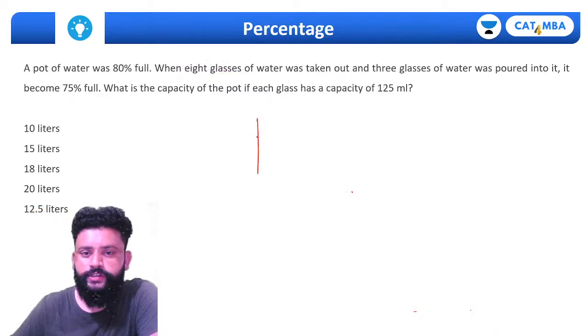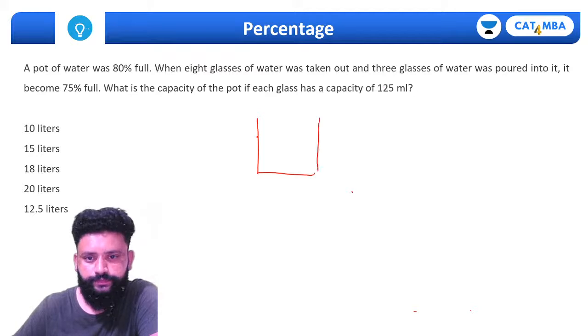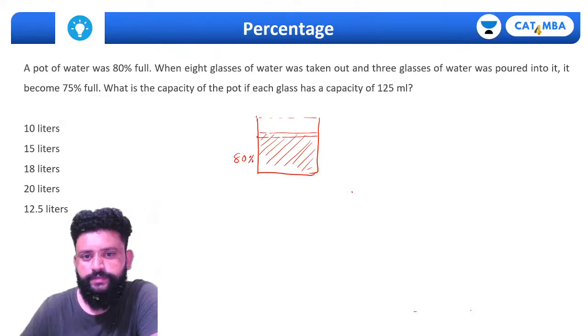Okay, so there is a pot which is filled up to 80%. So this part is 80%, 20% empty.